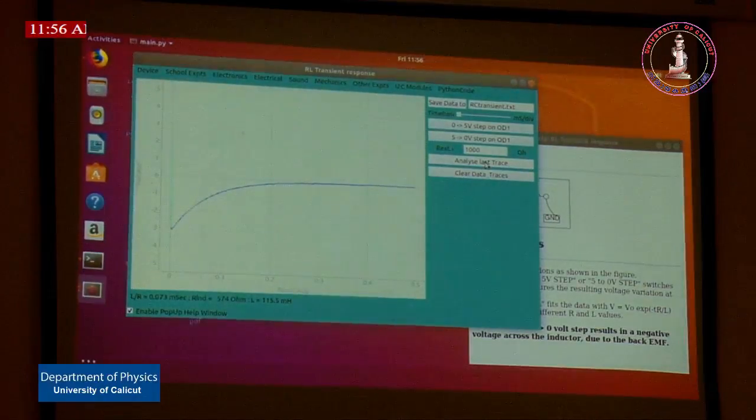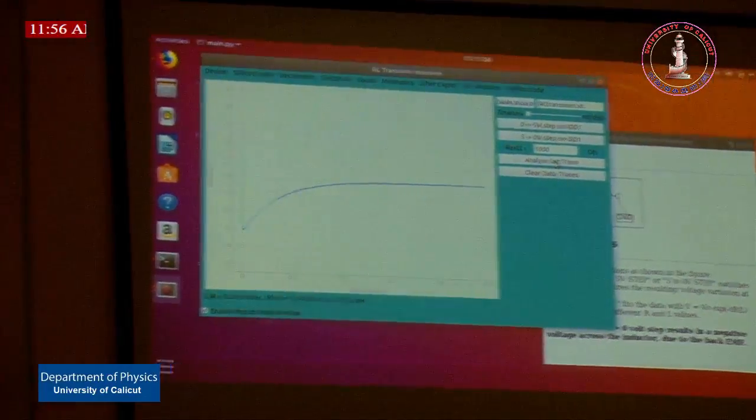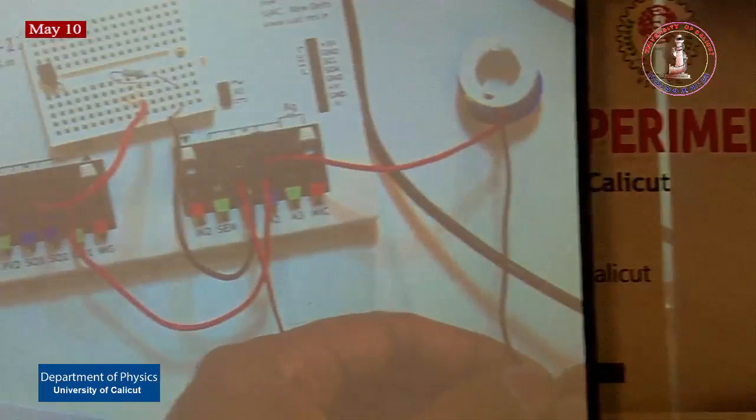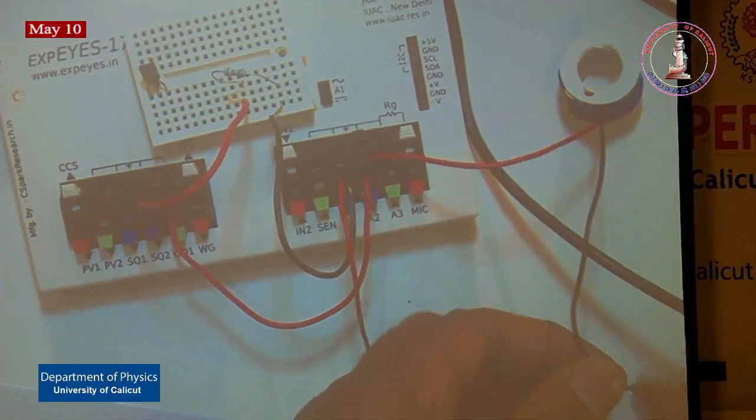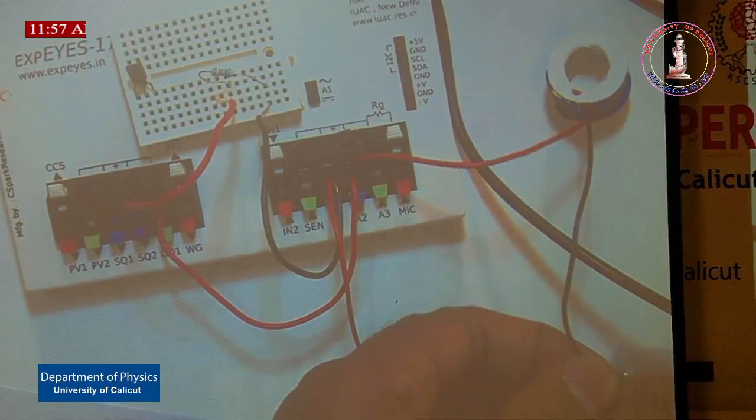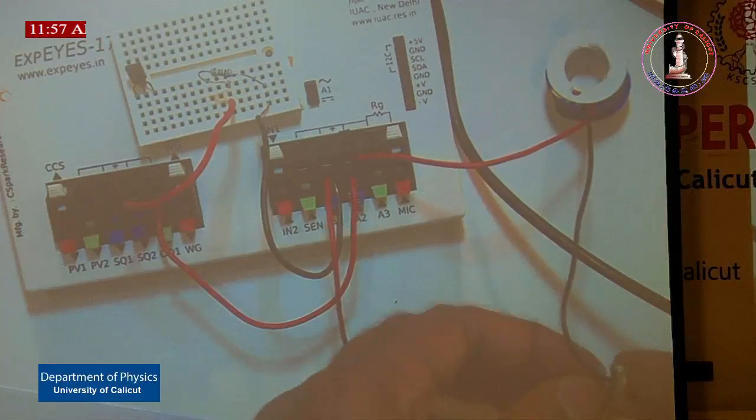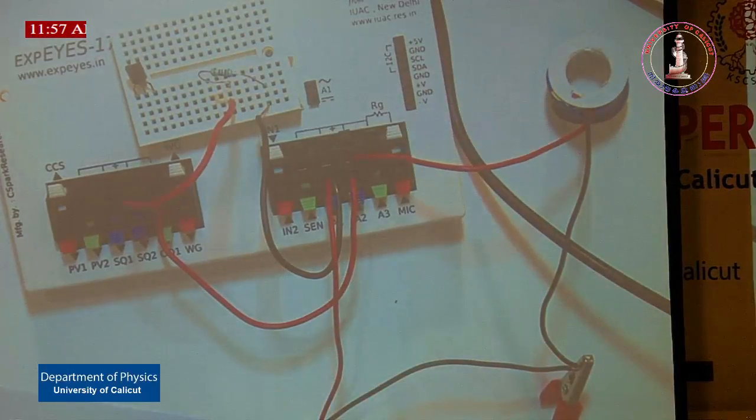What is the expected inductance in this configuration? Again, 235, is it tallying? 234.7, is it adding up?